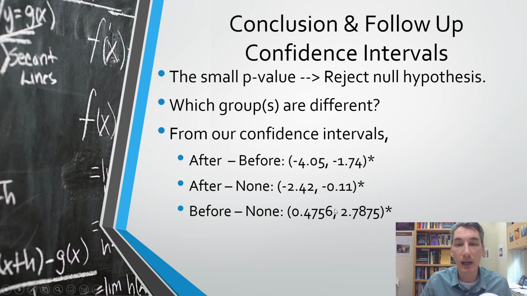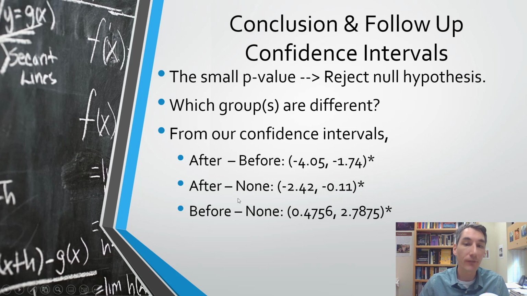So an interpretation would be something like, you can see the before minus none is between 0.5 and 2.8, basically. So seeing the picture before leads to an average comprehension between 0.5 and 2.8 points higher than never seeing the picture at all.